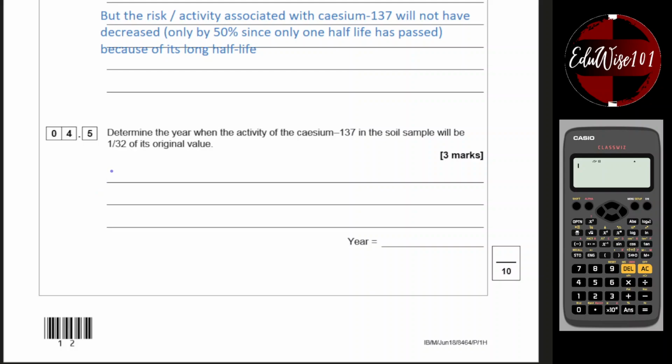You're starting off with the full 1. After one half-life, half of the radioactive isotope is going to be there. After another half-life, half of that is 1/4. After another half-life it is 1/8.